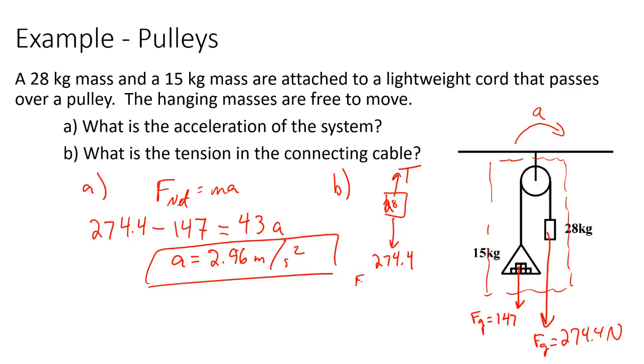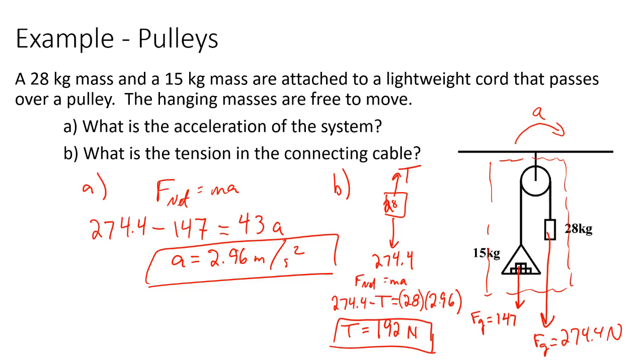My F net equals ma line becomes 274.4 minus T is equal to the mass times acceleration, which I've solved for as 2.96. Okay, and then if we plug and chug for tension in this case, I got 192 newtons.